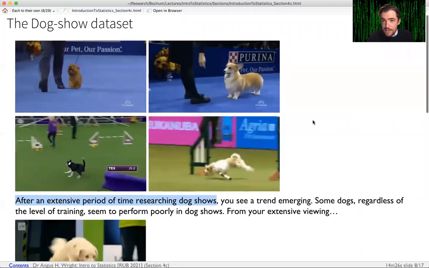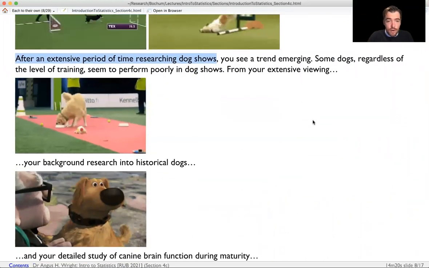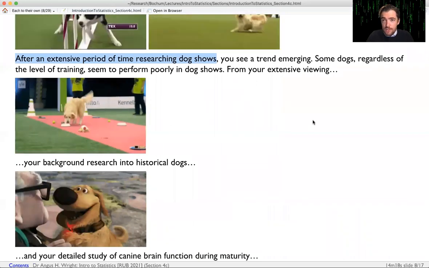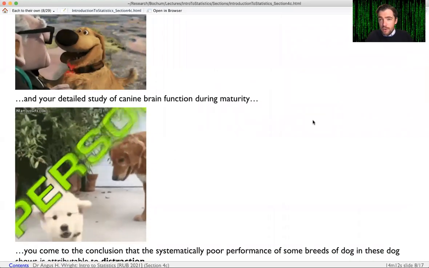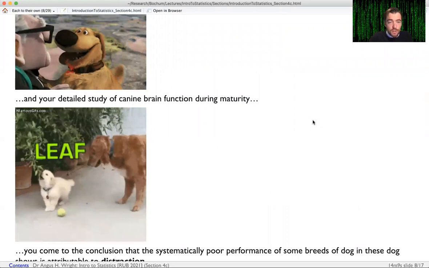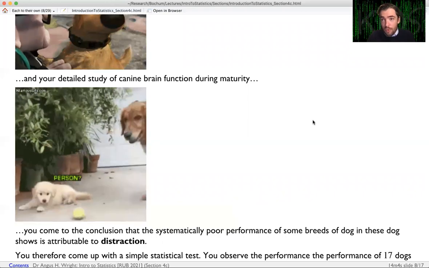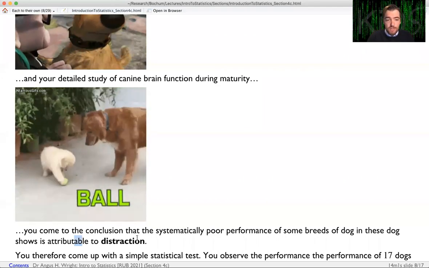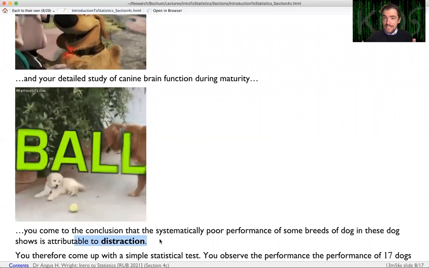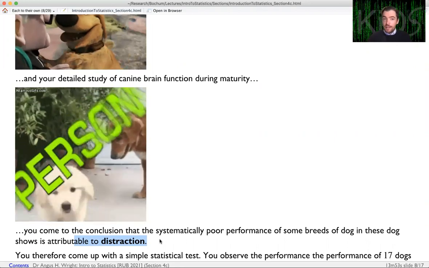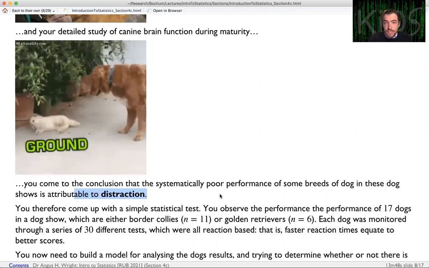From your extensive viewing, your background research into historical dogs, and your dedicated study of the canine brain during its growth, you conclude that some breeds perform poorer in these shows because of distraction. Not because they are necessarily less adept, but because they get easily distracted by things like this little guy.